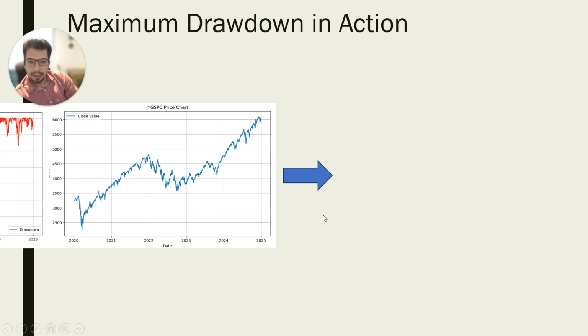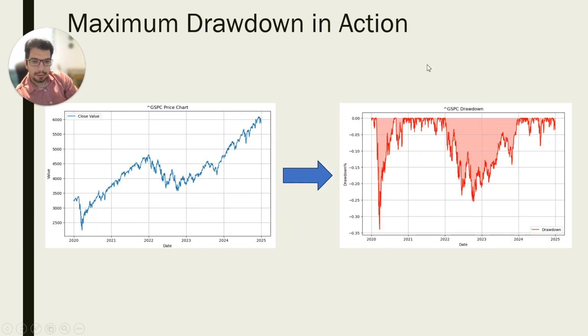So if we draw the maximum drawdown for the S&P 500, you can see all the drawdowns here. The interesting thing is that when we look at the value chart, you might believe that this drawdown is the most significant and the biggest one.